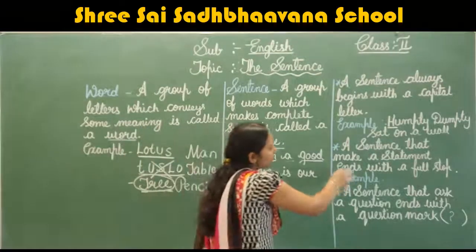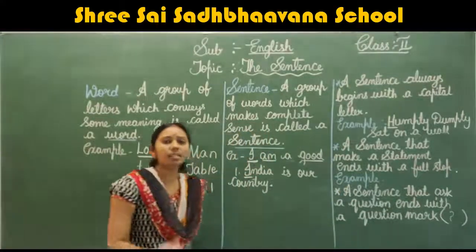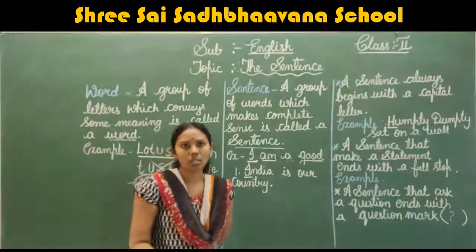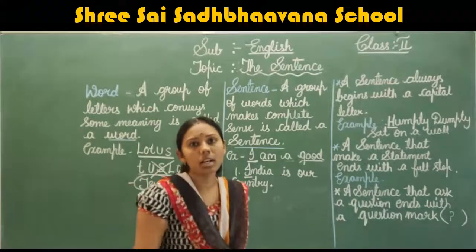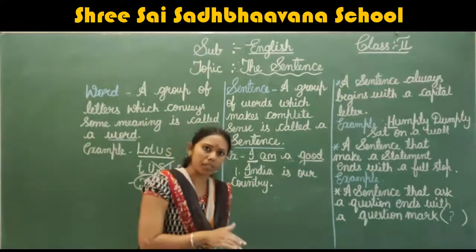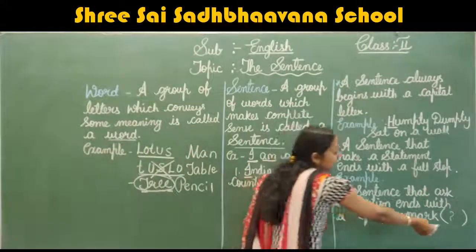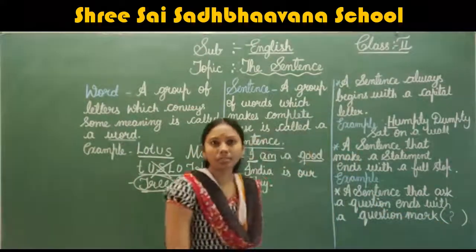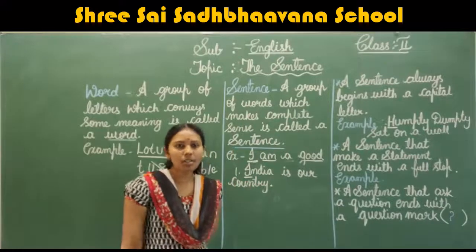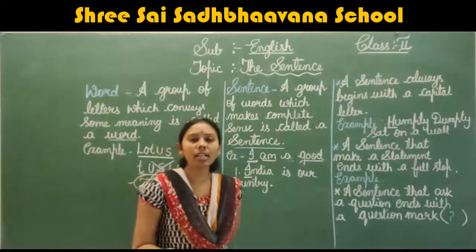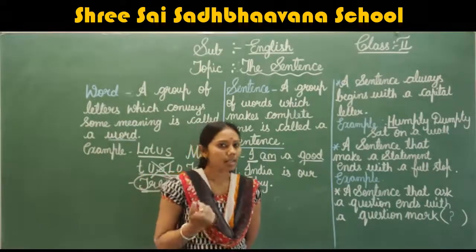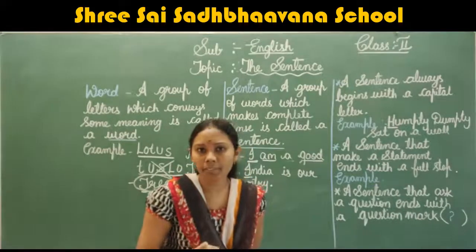Now, the next point is a sentence that asks a question or inquires about someone or something. That sentence always ends with a question mark. Got it? For example, where do you live?